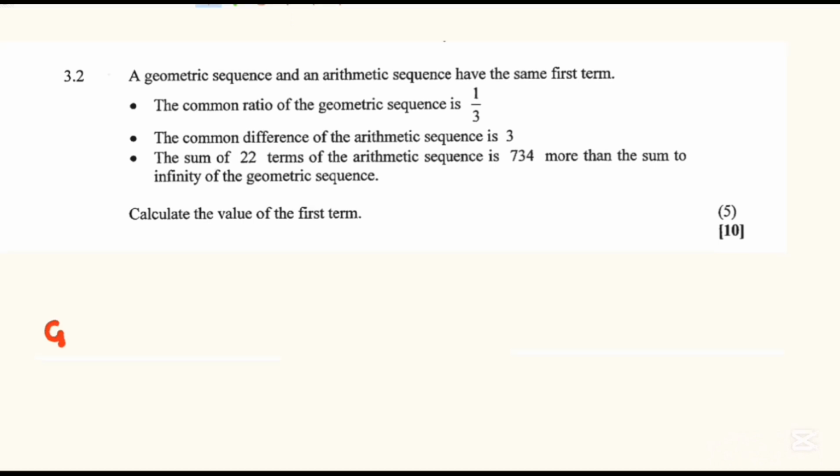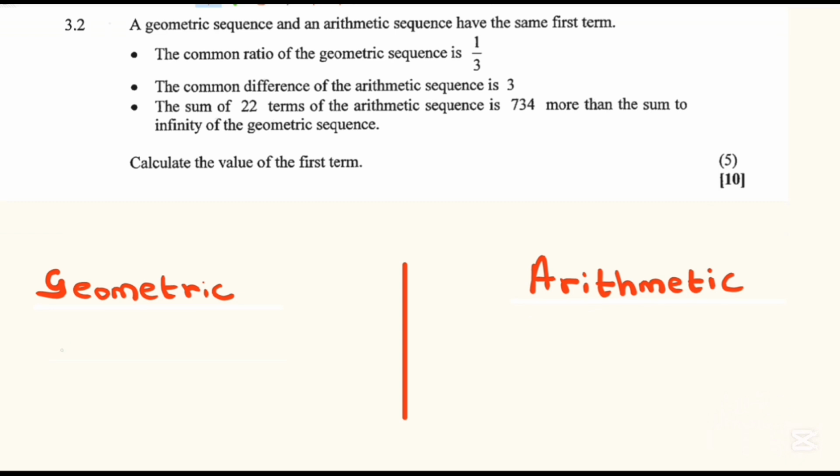So this question combines a geometric sequence with an arithmetic sequence. In both cases, the first term is the same, so A, the term 1, we denote it by the letter x.